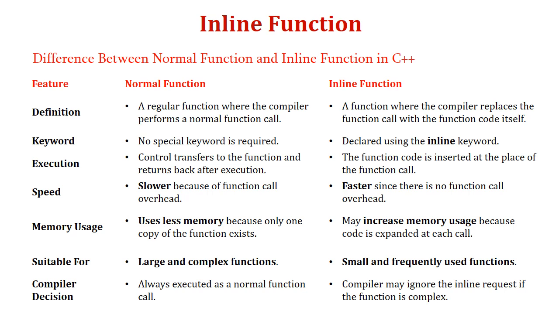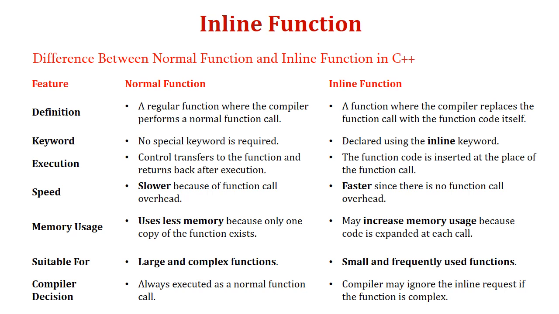And the next parameter is speed. The normal function is slower because the function call is an overhead. In inline function, the speed is faster since there is no function call overhead. Next parameter is memory usage.